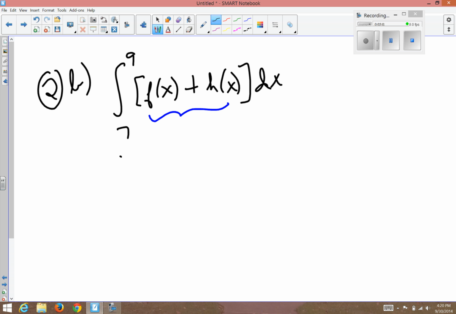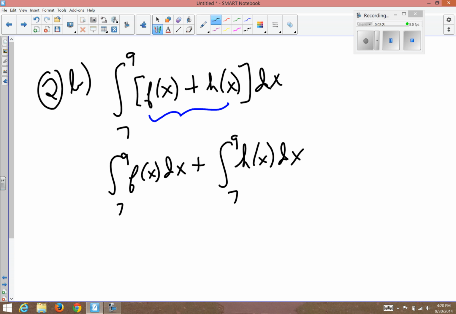This becomes the integral of f of x dx from 7 to 9 plus the integral of h of x dx from 7 to 9. We're just taking the symbol and distributing it to each term. The dx also gets distributed backwards, so each term here gets a dx.